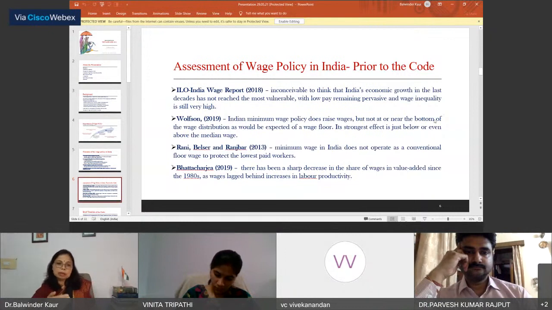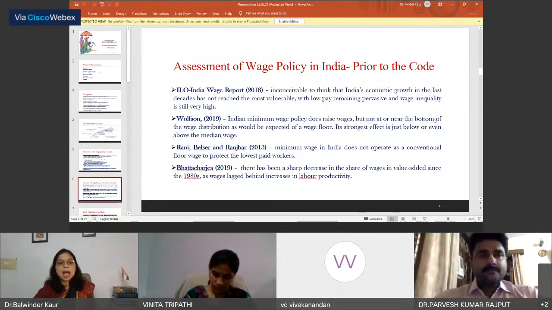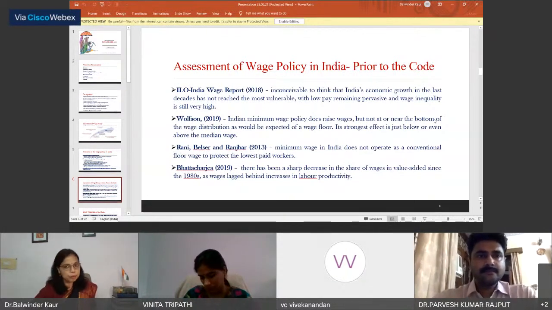Then I refer to another review, that the Indian minimum wage policy does raise wages, but not at or near the bottom of the wage distribution as would be expected of a wage floor.